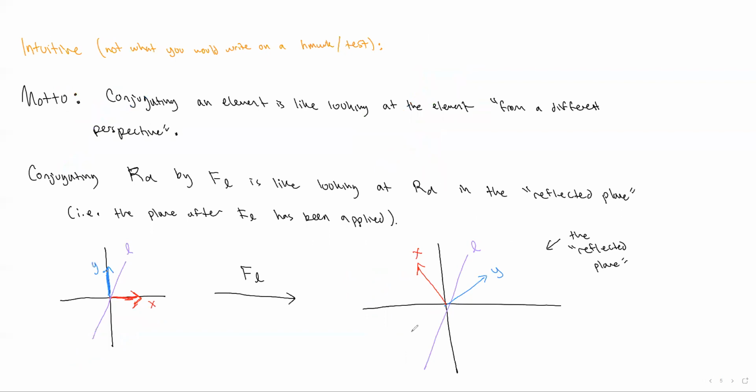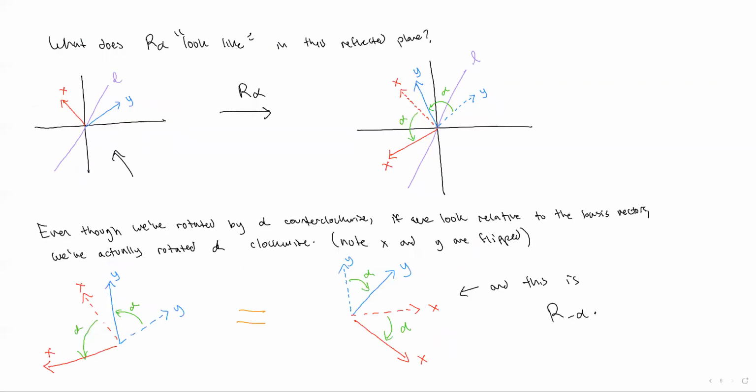They're supposed to be like this. Because of that, if you look from the perspective of the basis vectors, what R alpha is doing is really rotating them alpha clockwise. So in other words, from the perspective of FL, R alpha is R negative alpha. From the perspective of a reflected plane, rotating by alpha counterclockwise is actually a clockwise rotation of alpha.